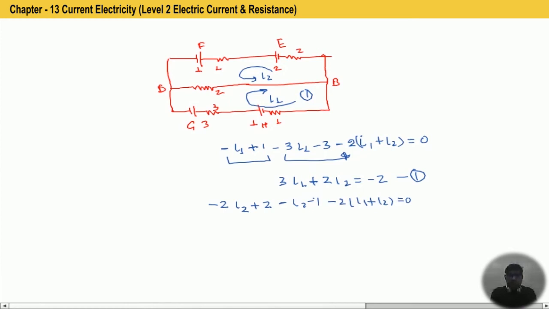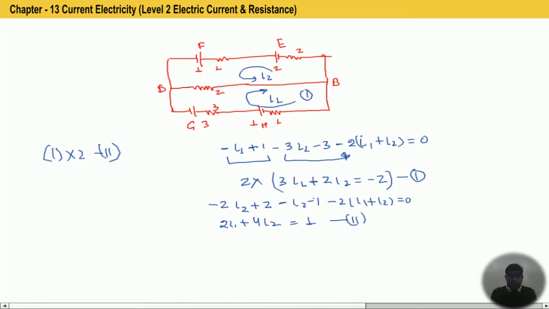Right. So from here we'll get minus 4I2, that is 4I2, and plus 2I1, which is equal to 2 minus 1, that is 1, equation number 2. Okay, so if we multiply this equation by 2 and subtract from equation number 1, I am writing equation 1 into 2 minus equation number 2.